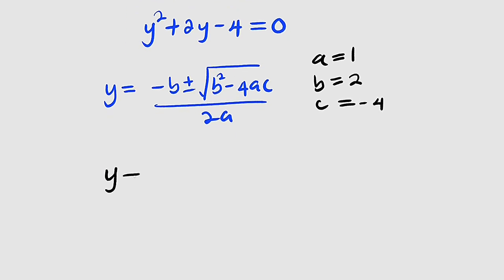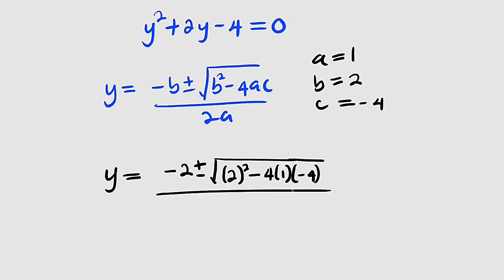So y will be equal to minus b, which is -2, plus or minus the square root of b squared, that is 2 squared, then minus 4 multiplied by a multiplied by c, divided by 2 multiplied by a, and a is 1.